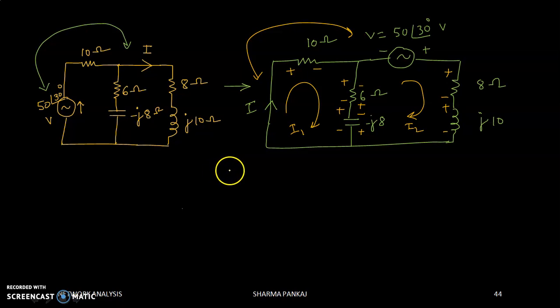Now by solving with Cramer's rule, we have the first KVL equation from loop number 1: I1 times (16 plus j8) plus I2 times (6 minus j8) is equal to 0.